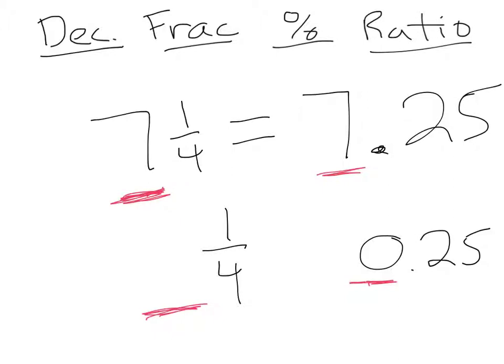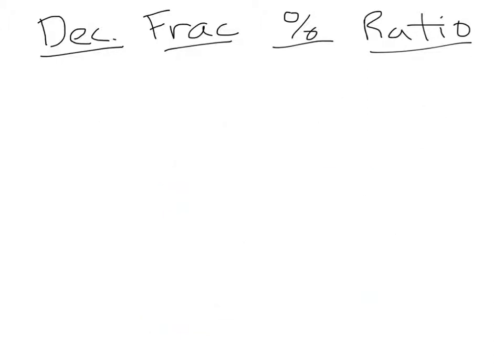So that being said, let's look at one similar to that. Hang on, let me erase all this here. Let's say we have the fraction, let's say 5 1/2. Okay, so I'm given the fraction 5 1/2.